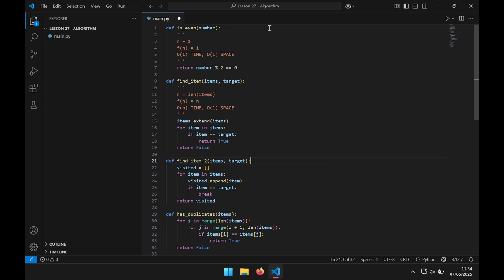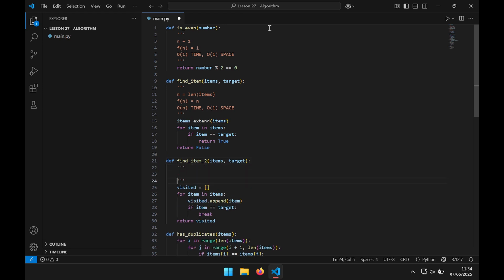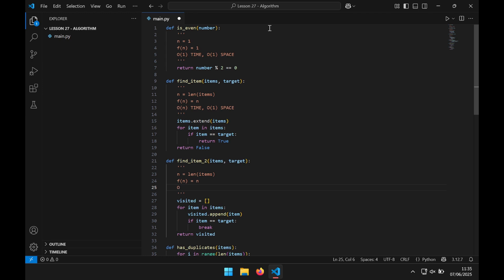Now let's see another example, again another loop. Again n is equal to the length of items, but there is a small difference in the space complexity. So f of n is equal to n, so big O of n again for the time complexity, but in this case it is also big O of n for the space complexity.